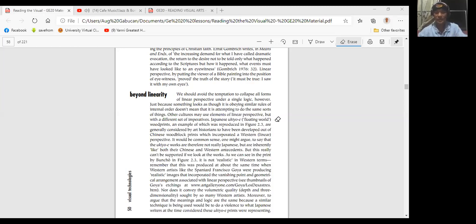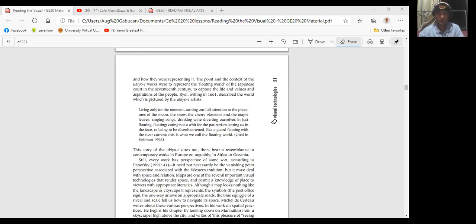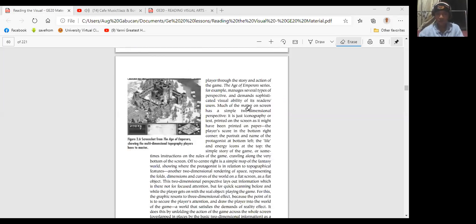Then he provided an example using the Japanese ukiyo-e. Remember that picture of a guy with very small eyes turning around. So these are very complicated examples here, but something you can relate to is the example of the games, not only with the Age of Empires, but today I think the more famous games that you can relate to are Aran online.